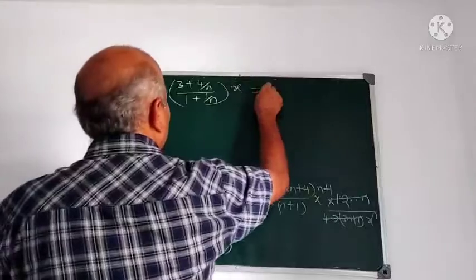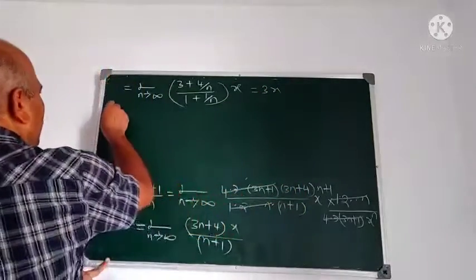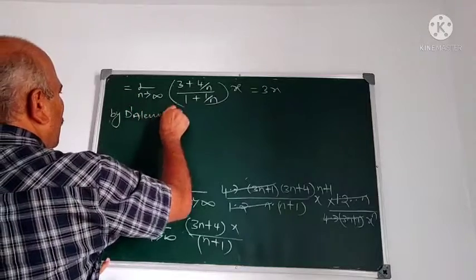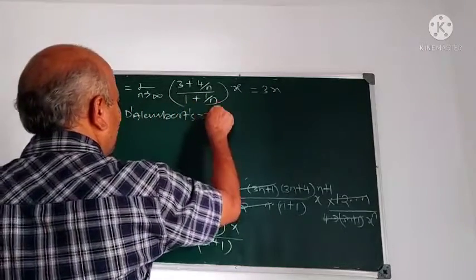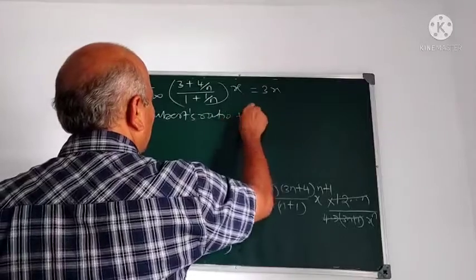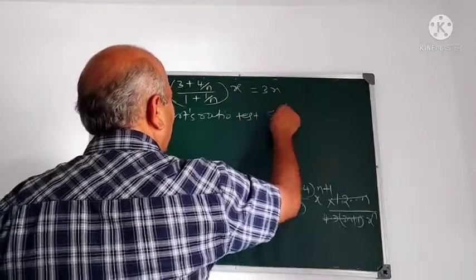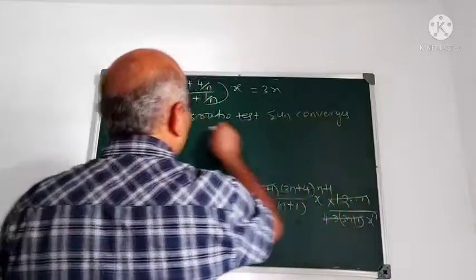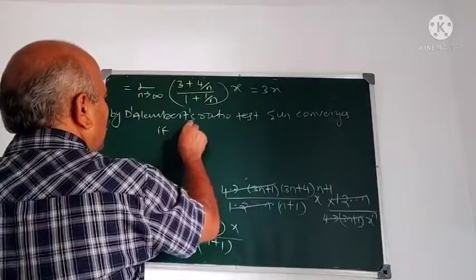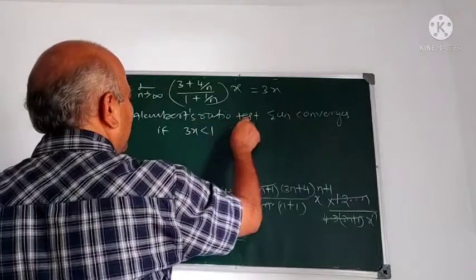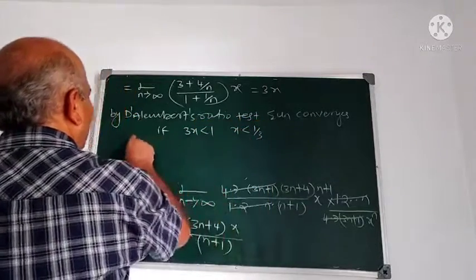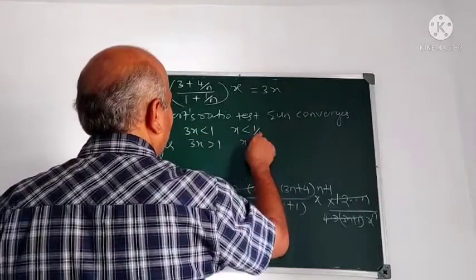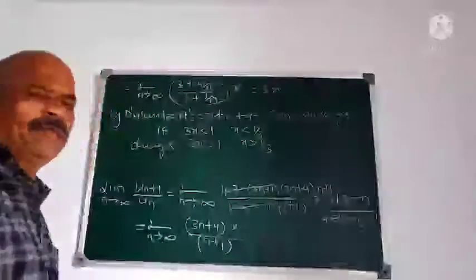It is therefore 3x. Therefore, by D'Alembert's ratio test, sigma un converges if 3x is less than 1, that is x less than 1 by 3, and diverges if 3x is greater than 1, that is x greater than 1 by 3.